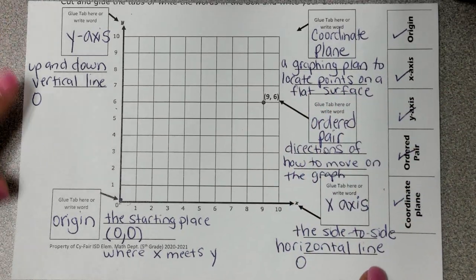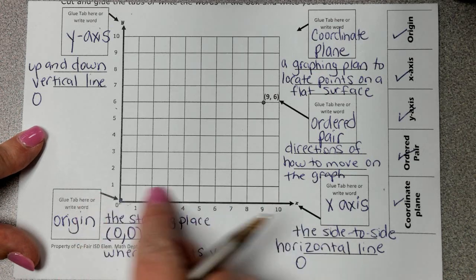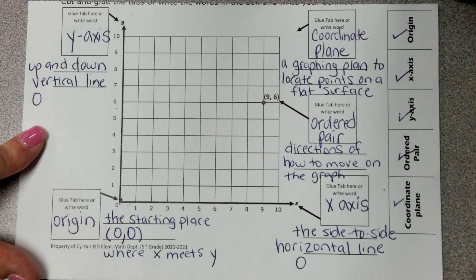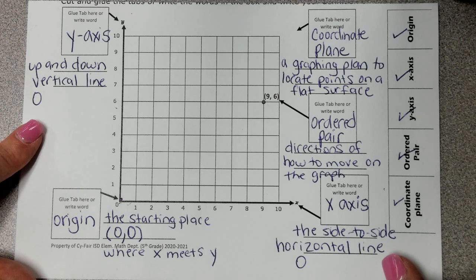The Coast Guard would use something similar if you think about the ocean as a flat surface. If they're trying to go rescue a boat that is in distress, they're going to have a coordinate pair that tells them exactly where that ship is having trouble. So in the great big Gulf of Mexico surface of the water, they can go find the person that needs help.